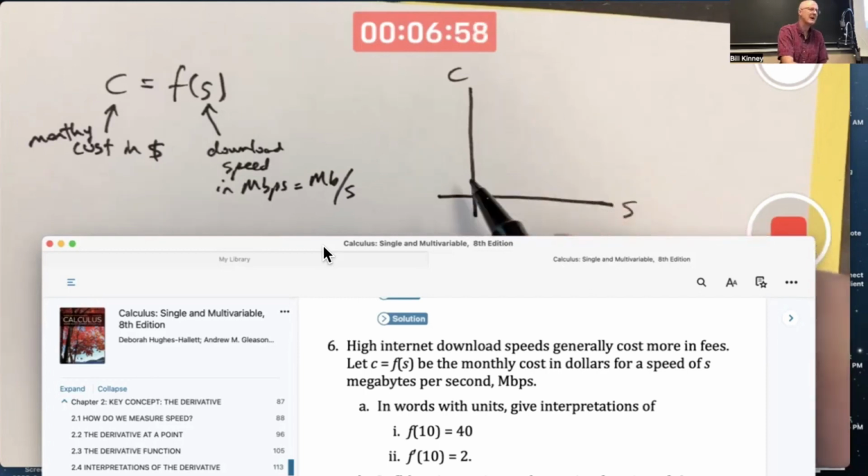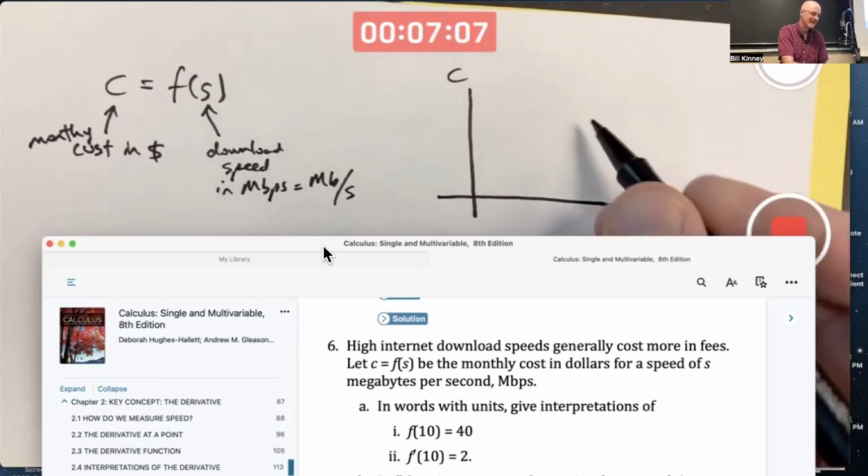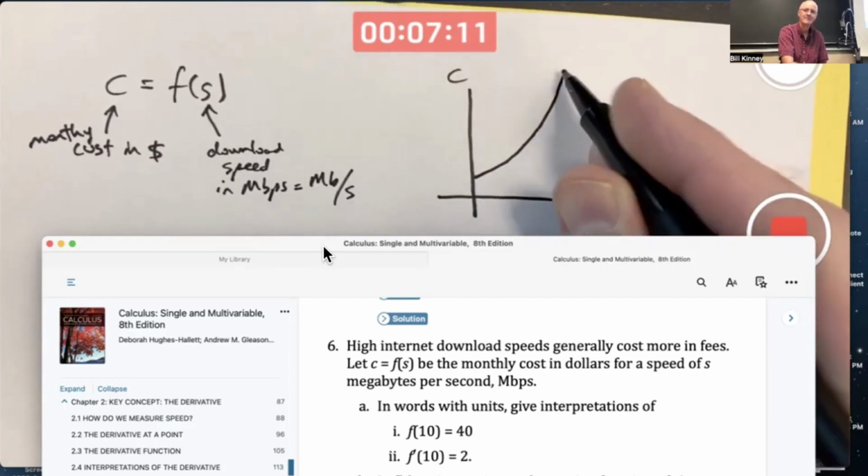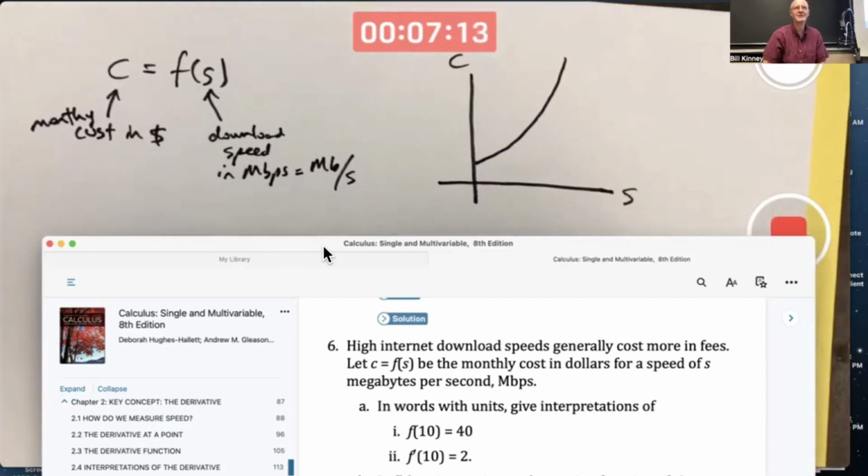Would it be concave up or concave down if it's not straight? That all depends on the internet service provider. What do they want to do? If I had to guess, I'd guess maybe concave up, because once you get to high enough internet speeds, you might say that's really high technology and that's really costly. Now, that's just a wild guess on my part.